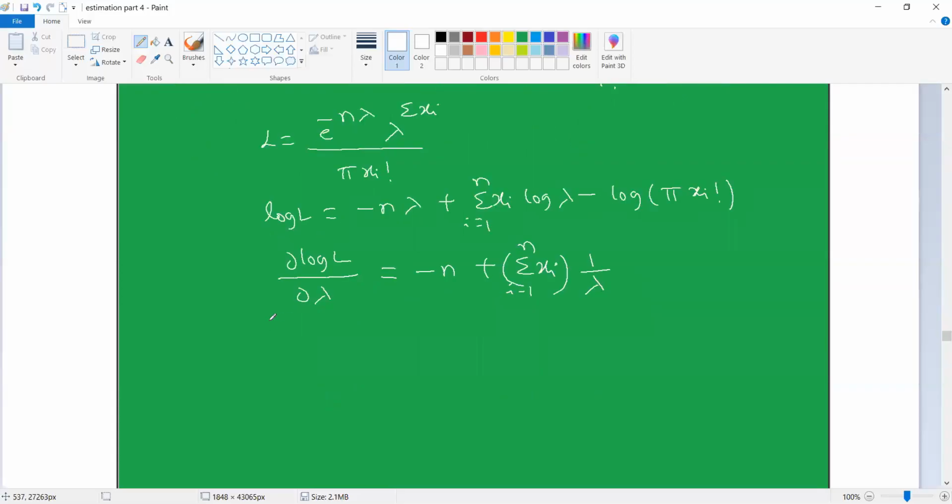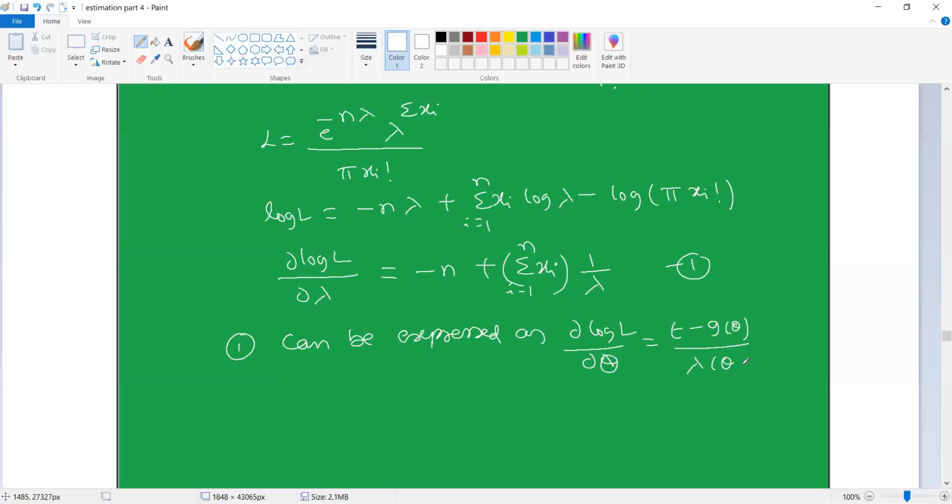Now this can be expressed in the form dou log L by dou theta is equal to t minus g of theta, divided by lambda of theta.